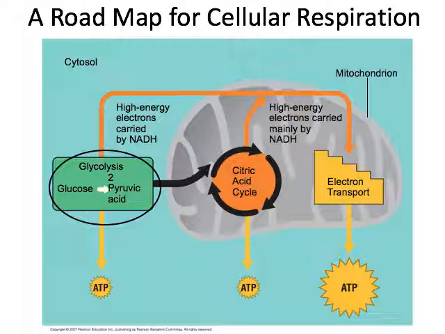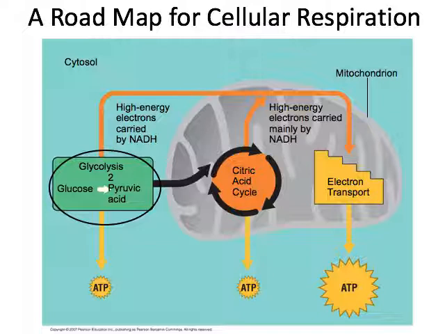Our roadmap for cellular respiration is as follows. You can see that one of the reactions occurs outside of the mitochondrion and the other two occur inside the mitochondrion. All eukaryotic cells use mitochondria as a way to break down food products into ATP, which is a usable energy source.